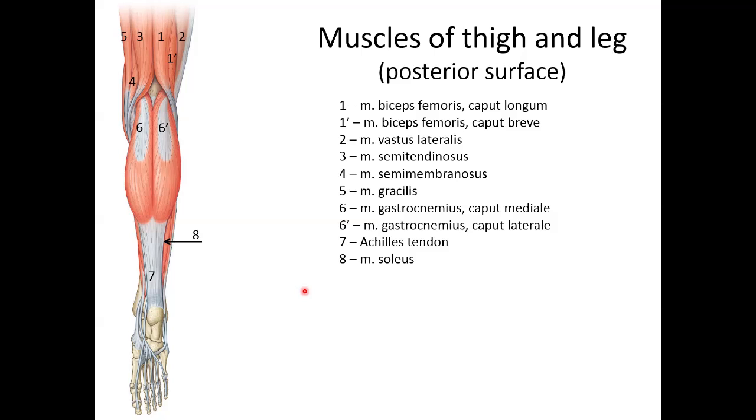Musculus soleus. And now be attentive. This next arrow, number 9, what is it? This arrow number 9 means musculus peroneus or fibularis. These are synonyms. Peroneus longus. Let's try to count toes.